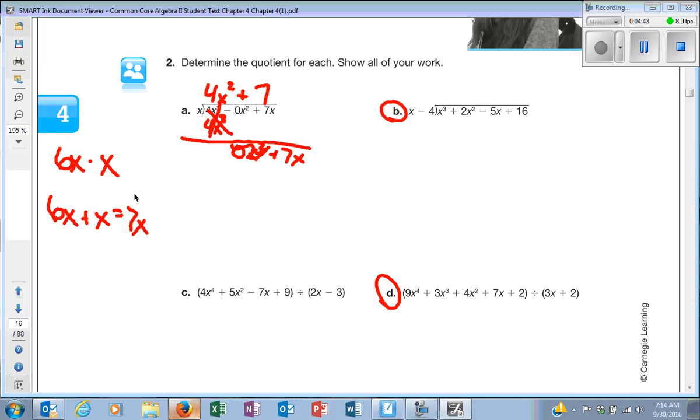But we're not adding when we do this, are we? When I go from here to here, am I adding them? What am I doing? 6x times x would be 6x squared. Do you get what I'm saying? When I'm multiplying, I need what times x gets me to 7x. Just a 7. Because 7 times 1 is 7, and x times no x back there is just x. So there's my answer.